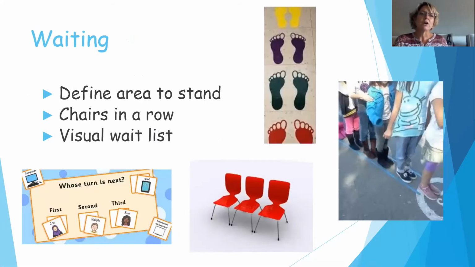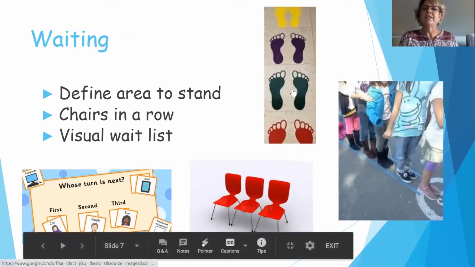Physical structure, and visual supports, also allow us to teach some concepts which might be difficult for students with autism, such as waiting. Waiting can be hard because it's an abstract concept of time, which is hard for our students. So we can define these areas with visual supports.